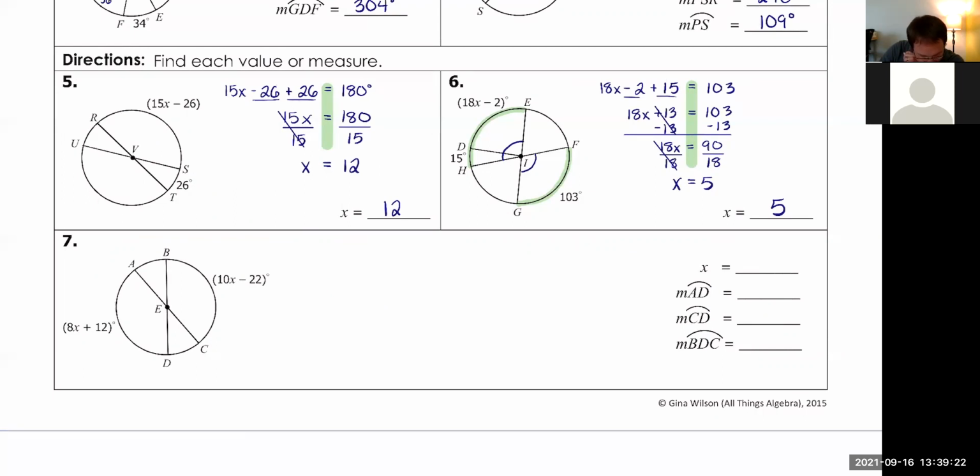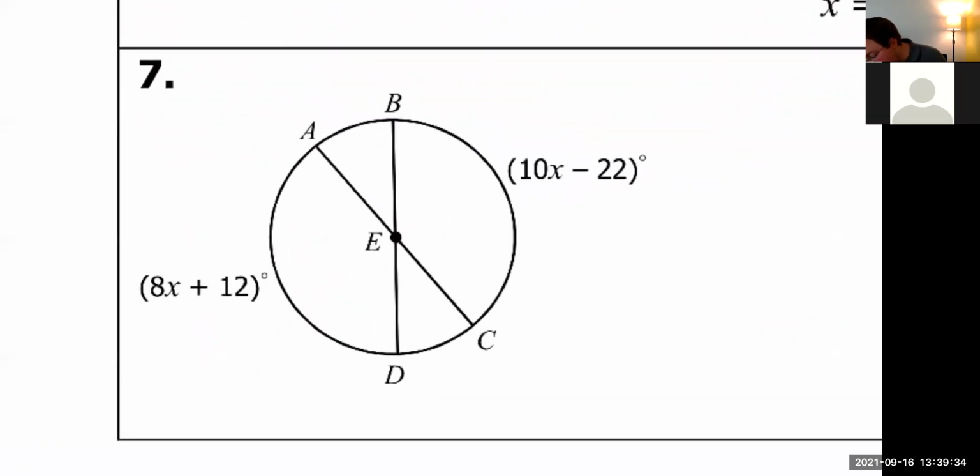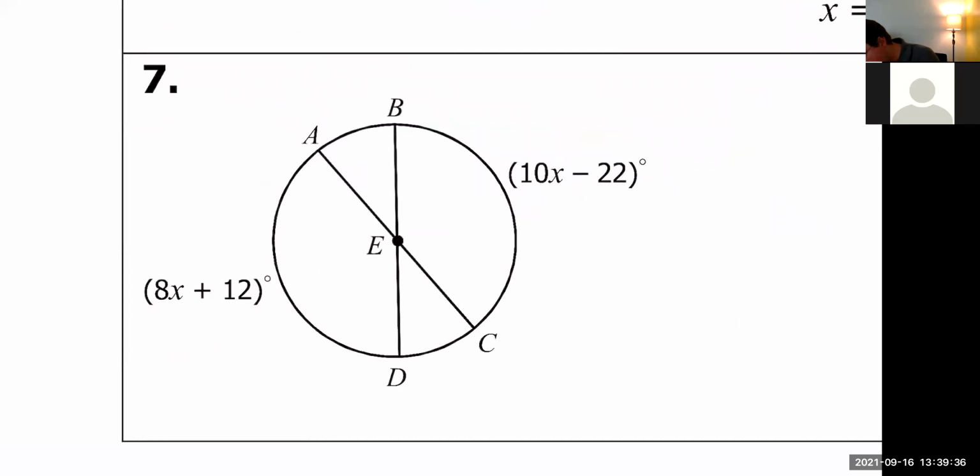Next one here, a little bit more involved because not only is it asking for X, it's also asking for some of the arc measurements. I would suggest we find X first. Similar to the last one, if you notice the two arcs that have the expression in them, if you consider the central angles that they are attached to, those central angles are vertical, which means these two arcs should be congruent.